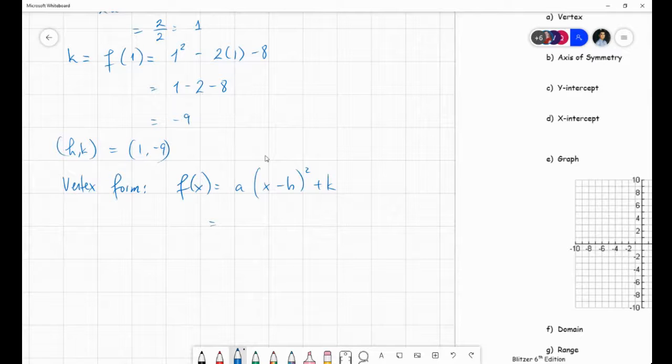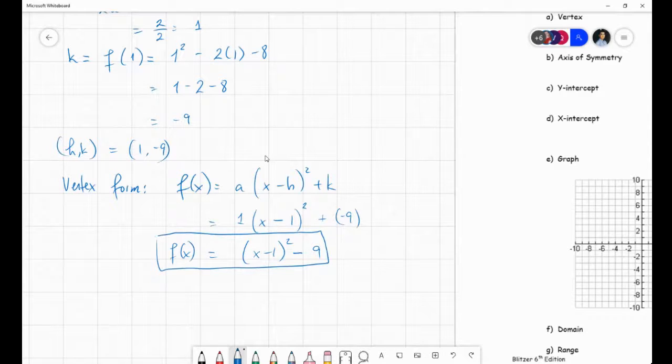So we don't have to write anything if it's just 1, but I'll show you here. 1, x minus h, which is 1, squared plus negative 9. Now, the reason why I do this plus the negative 9 is just so that you are aware of simplifying after you're done. So 1 times (x minus 1) squared minus 9. So there is my vertex form.